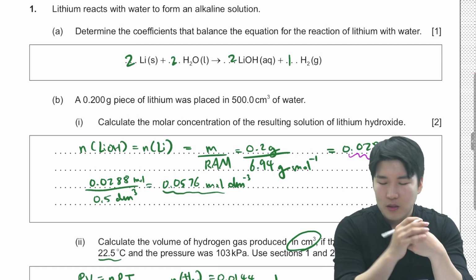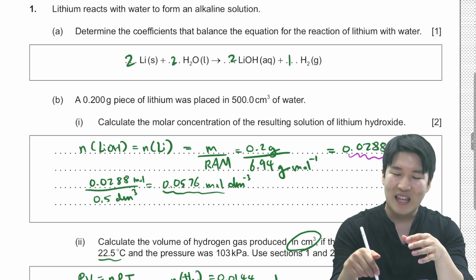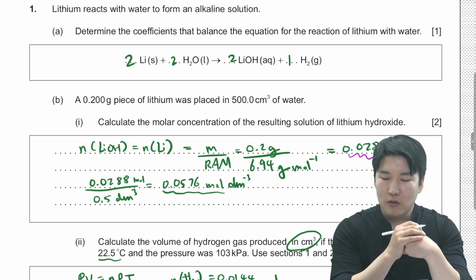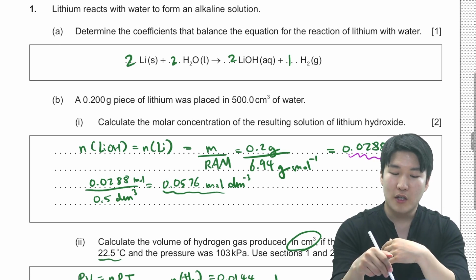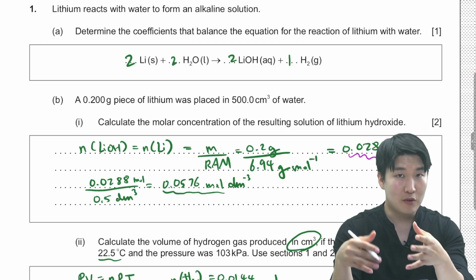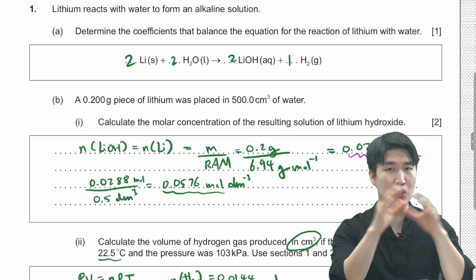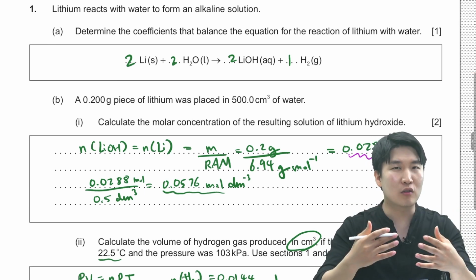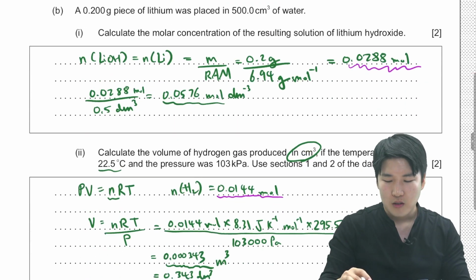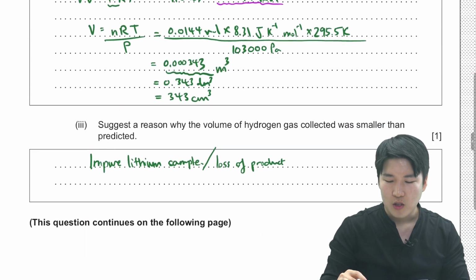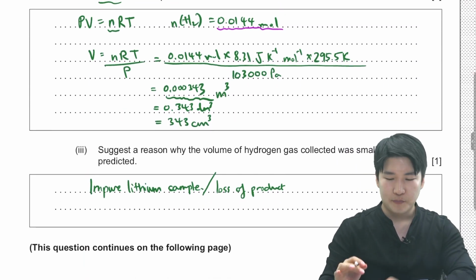Hydrogen can combust because we've got energy released from the reaction of lithium and water. It's an exothermic process. Energy released with ample amount of oxygen around hydrogen could lead to hydrogen combustion. So hydrogen volume used up.